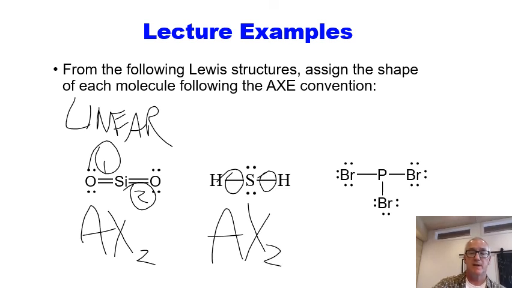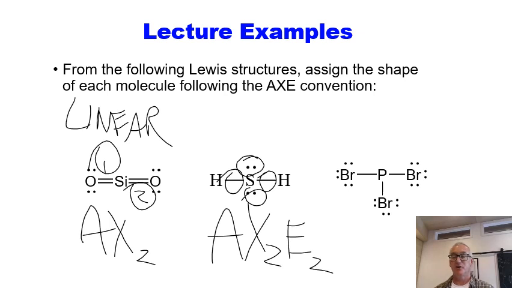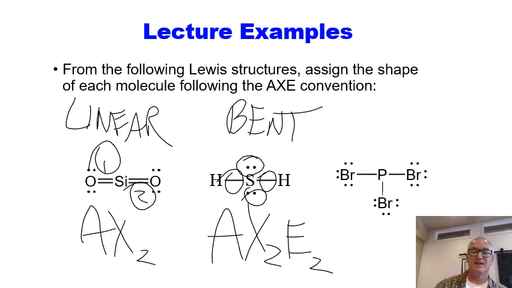But it also has 2 lone pairs, one there and one there. So that should look like water, and it is bent. It looks like water, but sure doesn't smell like it.